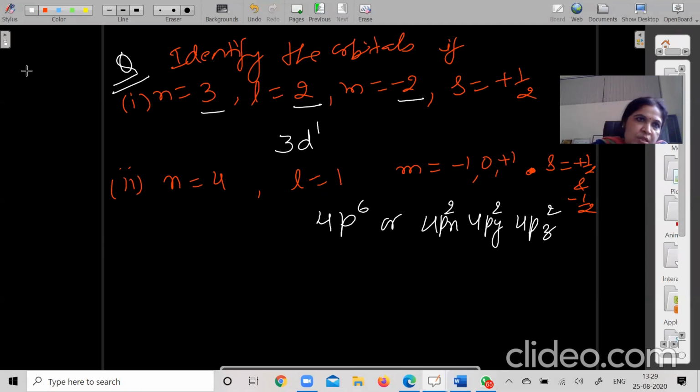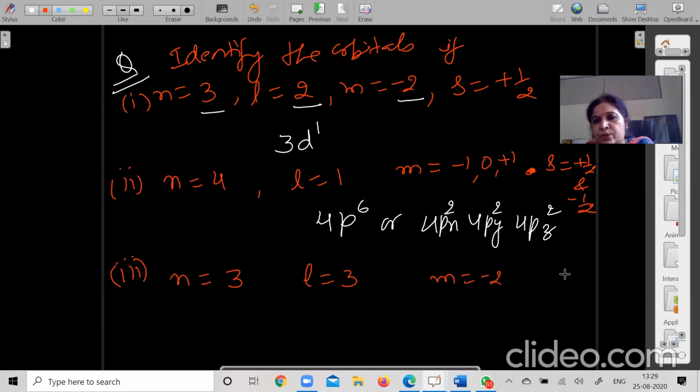My next question is the third part only. You have to identify the notation. N is 3, L is 3, M is minus 2, S is plus half.